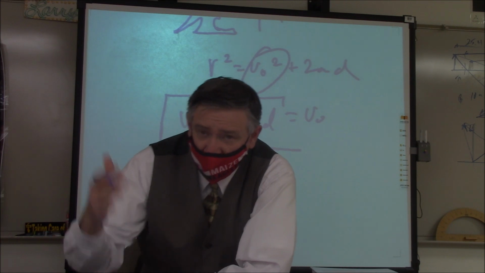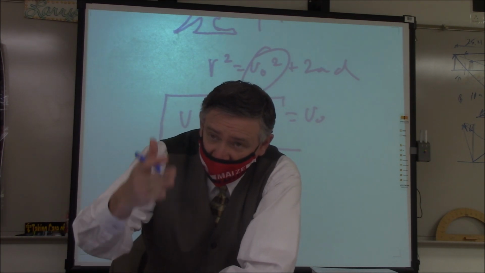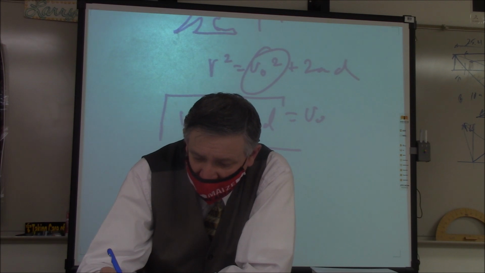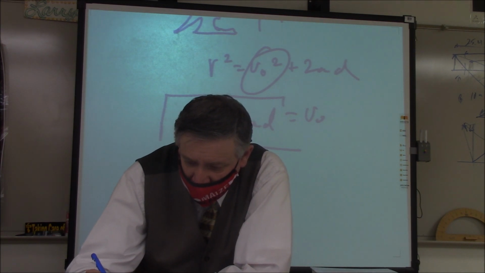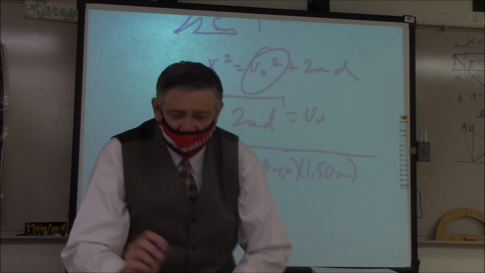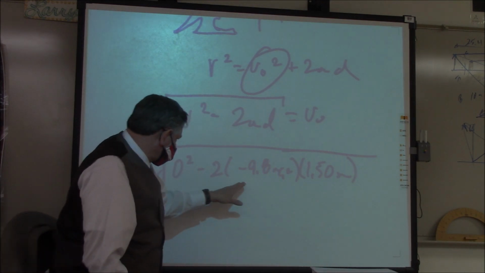This is why you have to work this in terms of sign, and be consistent. That's going to be 0 squared minus 2 times negative 9.8 meters per second squared times 1.5 meters. Then don't forget to take the square root.